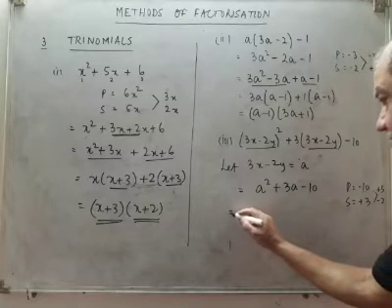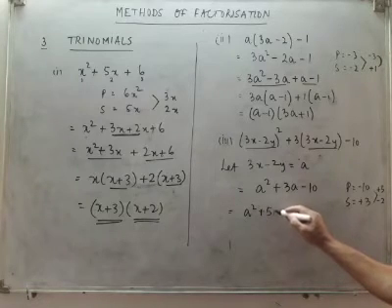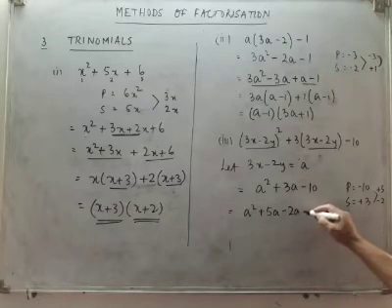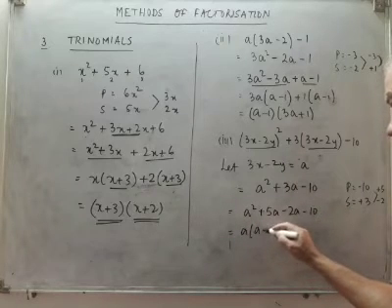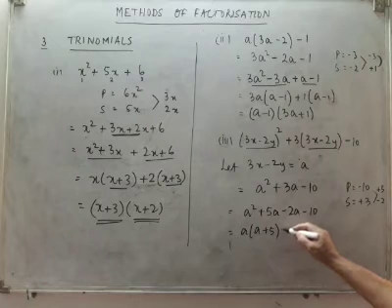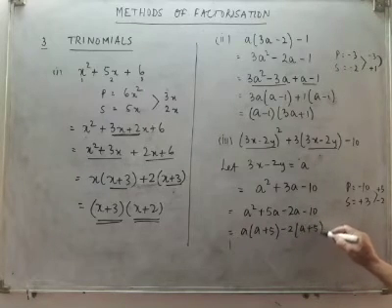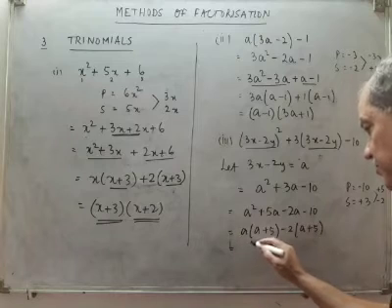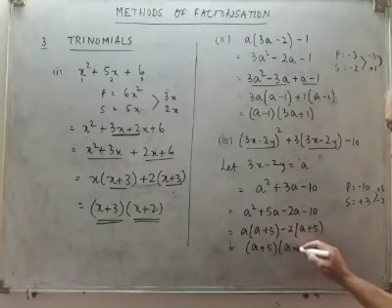So this will equal a squared plus 5a minus 2a minus 10. Here if you take a common, you get a plus 5, and if you take minus 2 common here, you will get a plus 5. So this becomes a plus 5 into a minus 2.